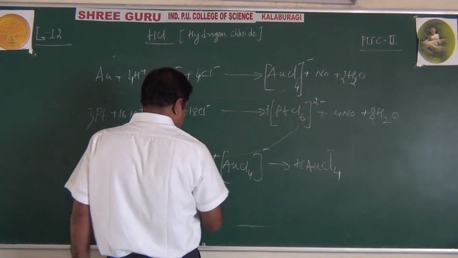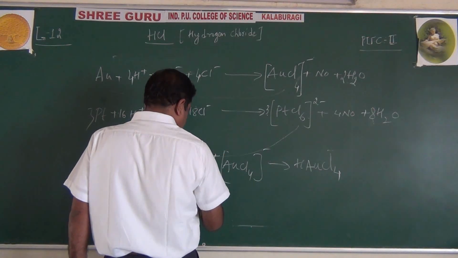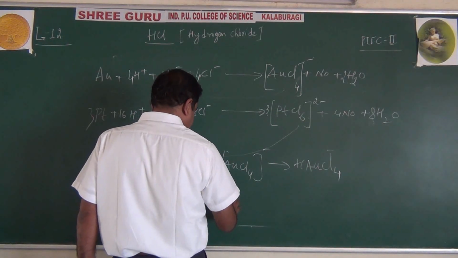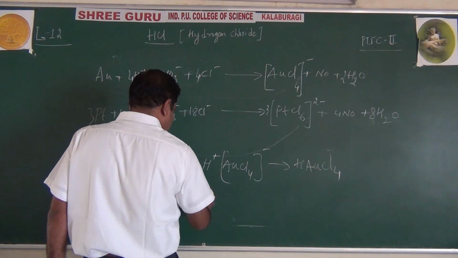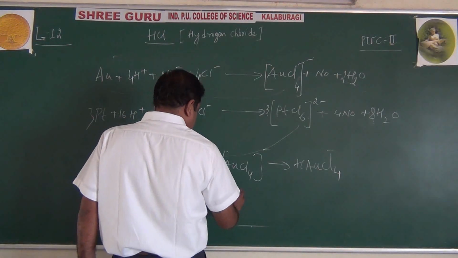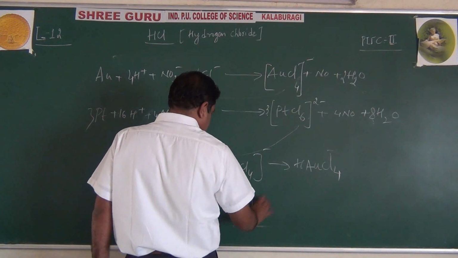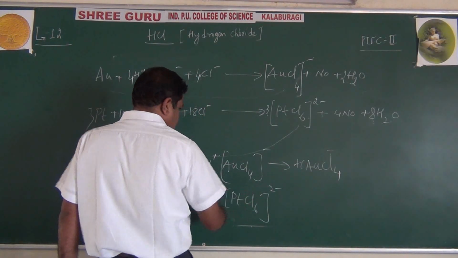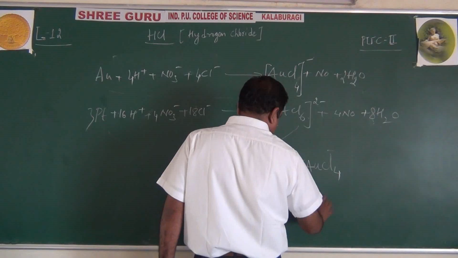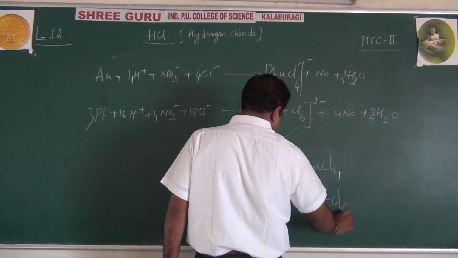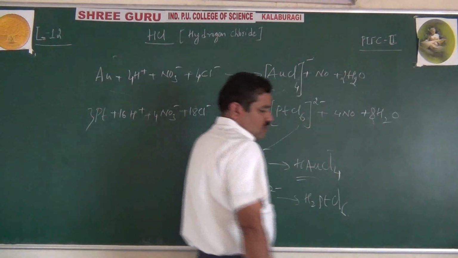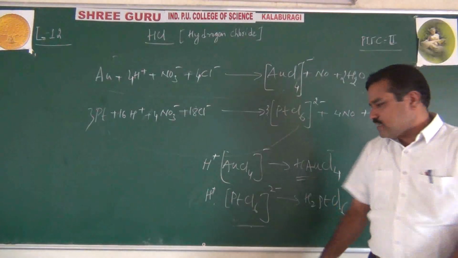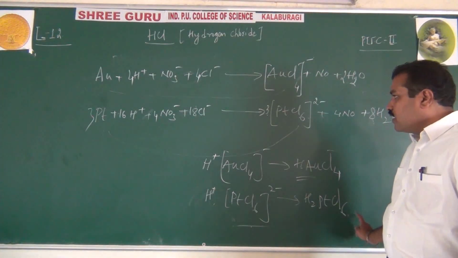PtCl6 2 minus therefore 2H plus PtCl6 2 minus and H plus. If you cross multiply, what will you get? H2PtCl6.